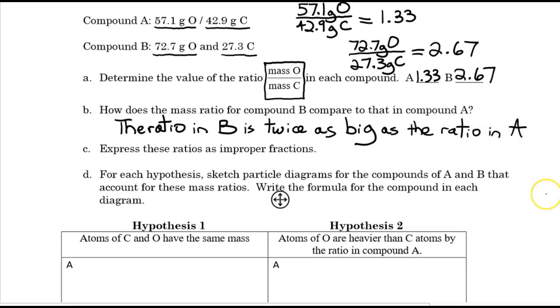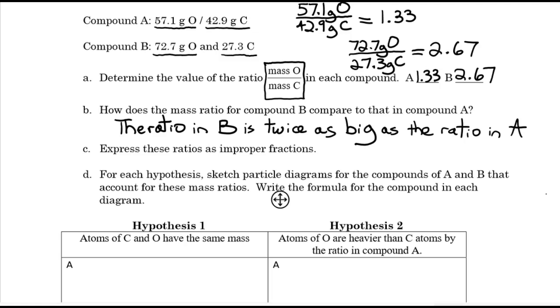All right, how does that impact the possible formula for these compounds? Well, we don't know yet. We're getting there. C says express these ratios as improper fractions. Here is where you might have to reach back to maybe middle school math. Might have been a while since you've talked about improper fractions.